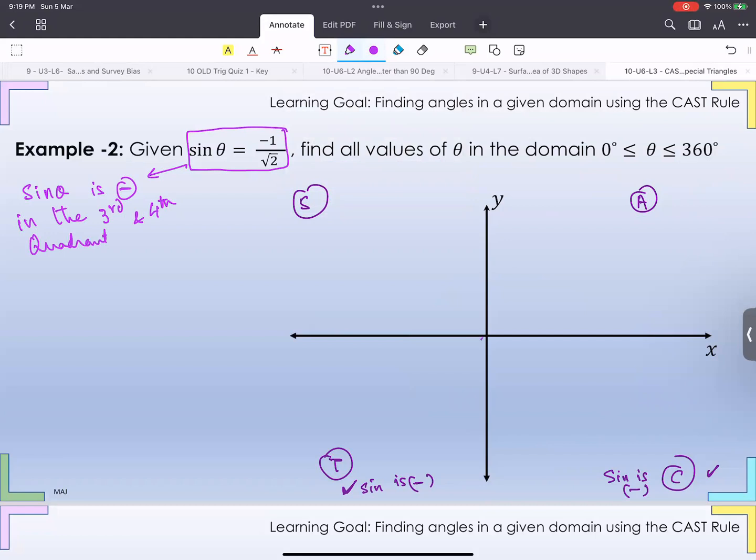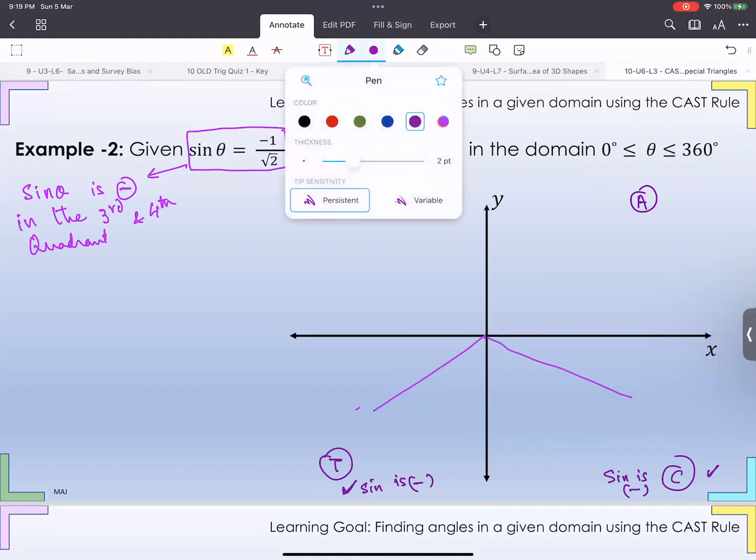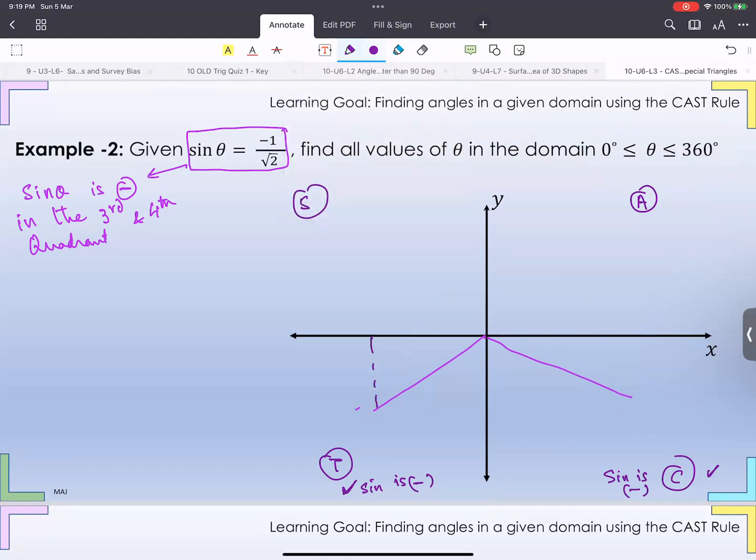Okay, draw two terminal arms. Our usual story, right? We have to drop the perpendicular. Drop 90 degrees. And then label the sides. What's given? Sine theta is negative 1 over root 2.